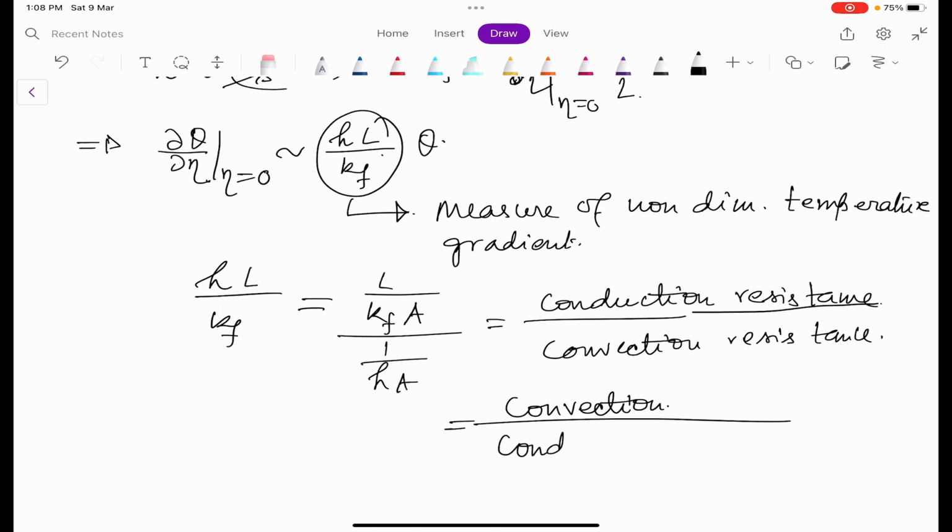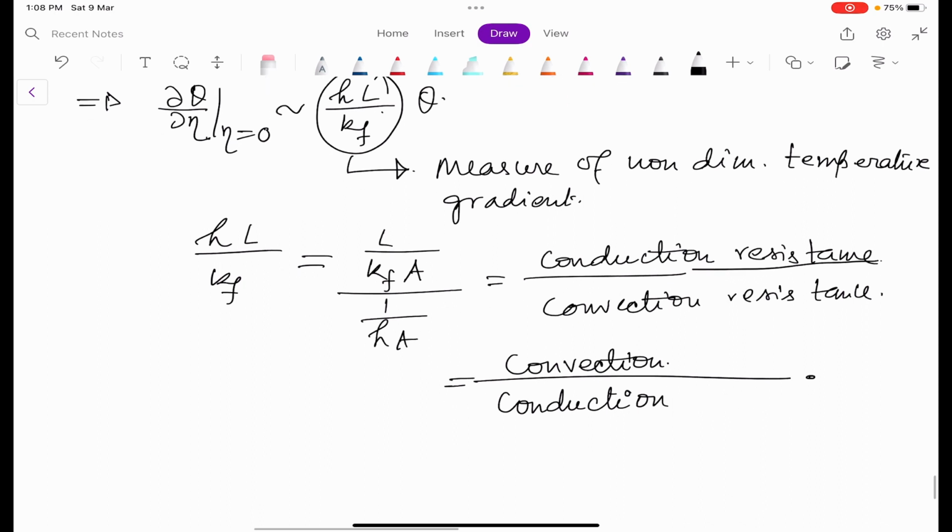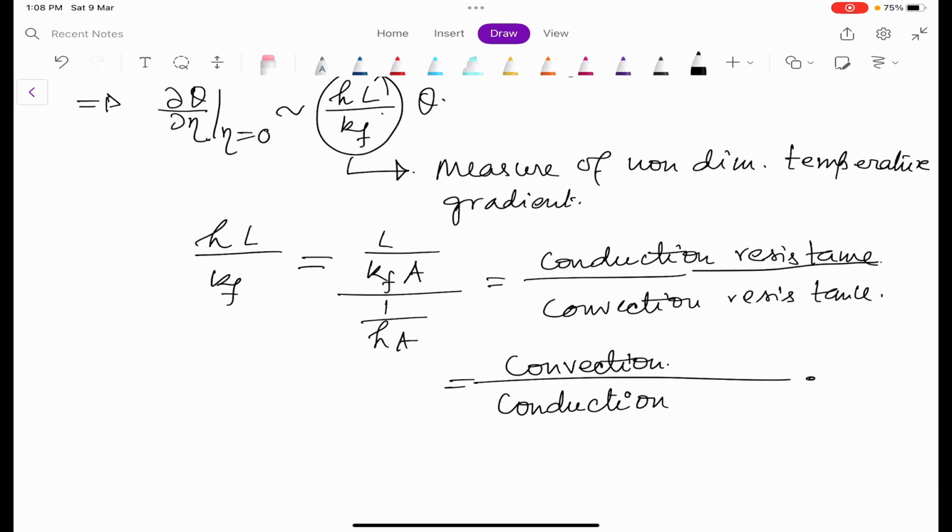So this is convection by conduction, right. So how much heat is convected by the fluid and how much heat is conducted through the fluid, that is called the Nusselt number. So this is called Nusselt number, and this is very important.